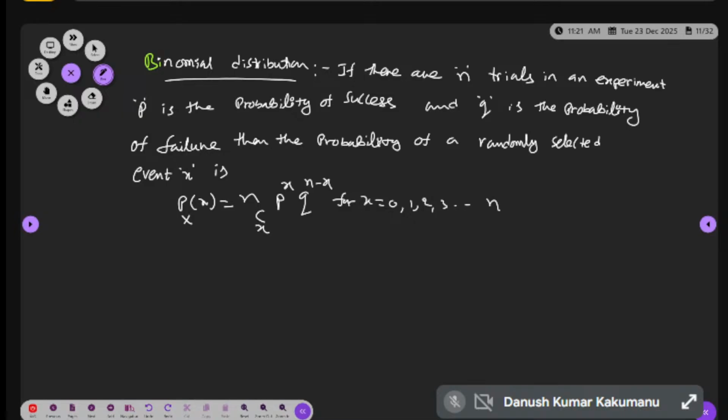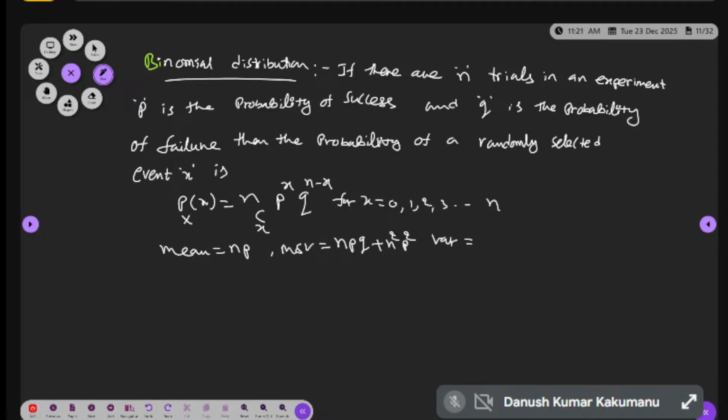What is the mean of this? Mean is equals to np, mean squared value is npq plus n squared p squared. What is the variance? Can you guess variance? npq.